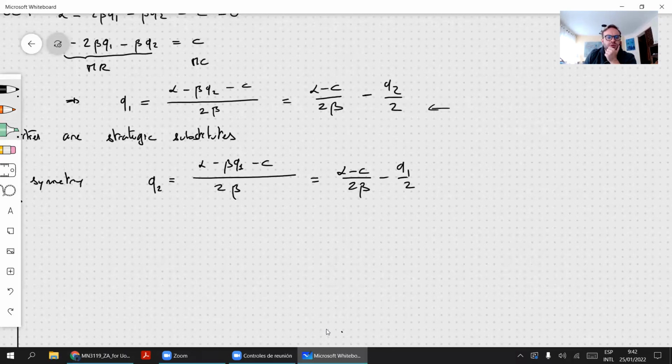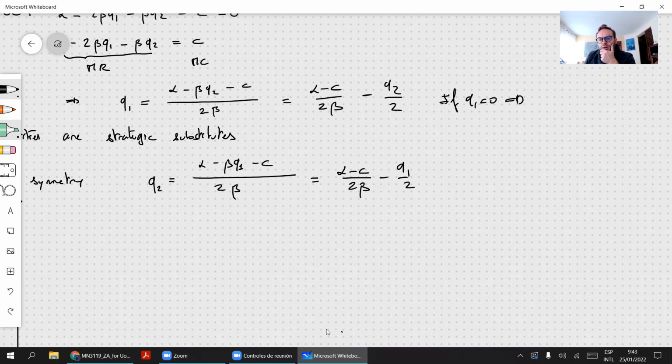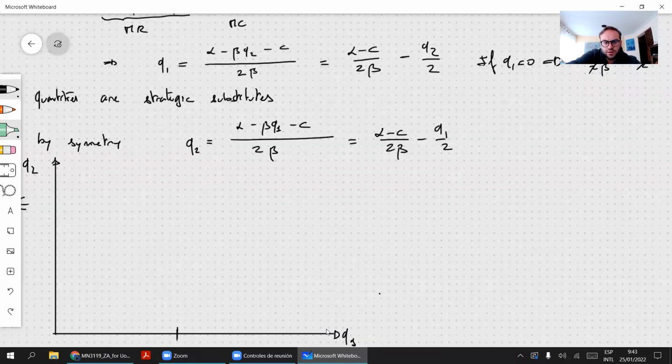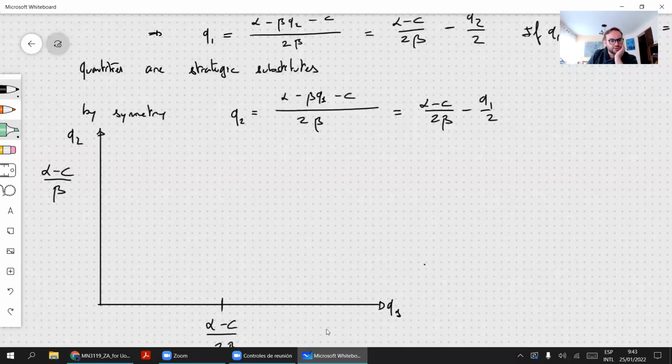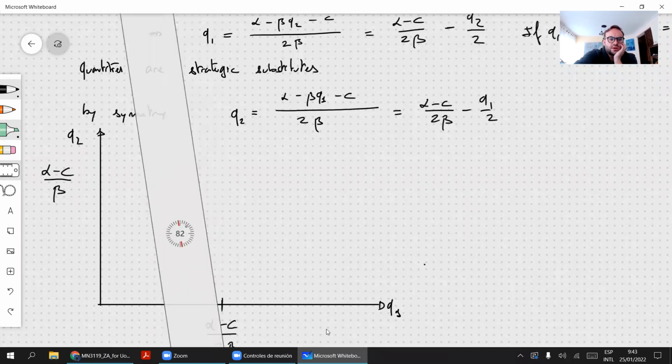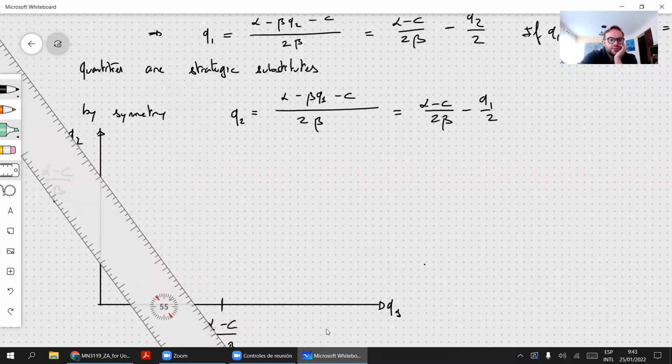So just to be complete, if q1 is equal to 0, this will imply that alpha minus c over 2 beta is equal to q2 over 2. This simplifies, and so I got the right answer. This is correct, and my slope is minus 2.